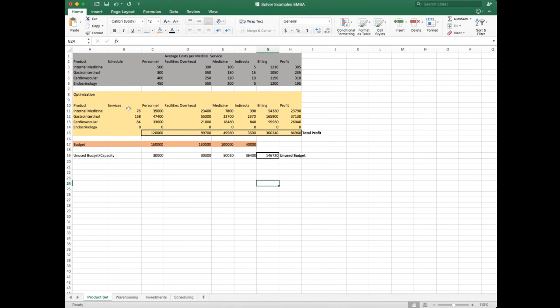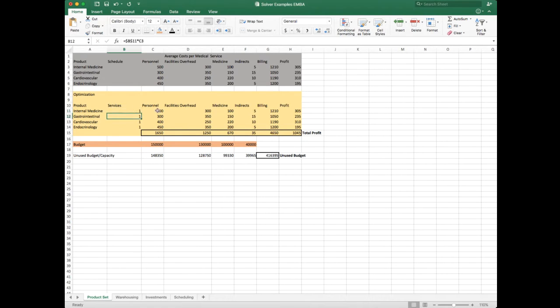So all we do is we say, let's start off by assuming you're offering one of each service, just to check. And that's a good counterbalance because you know that if it's one, they should all be the same. If you change it to 3, they should be times 3, which gives you a quick check.